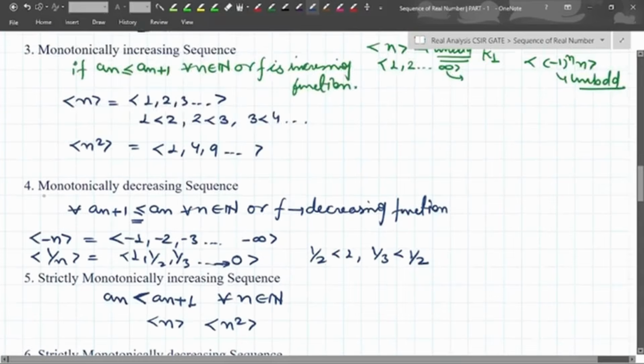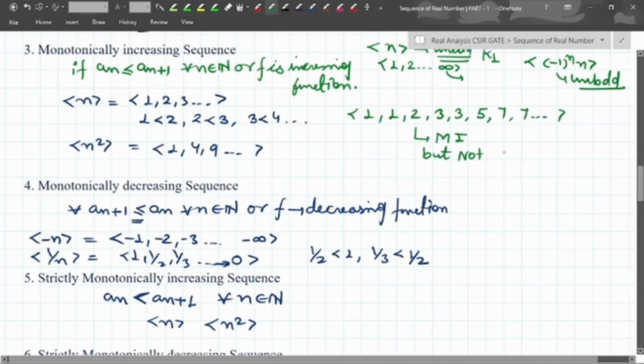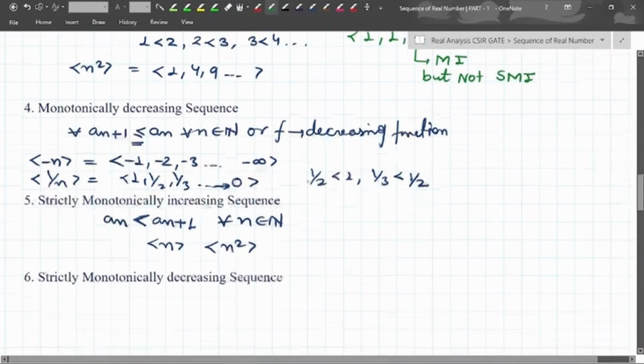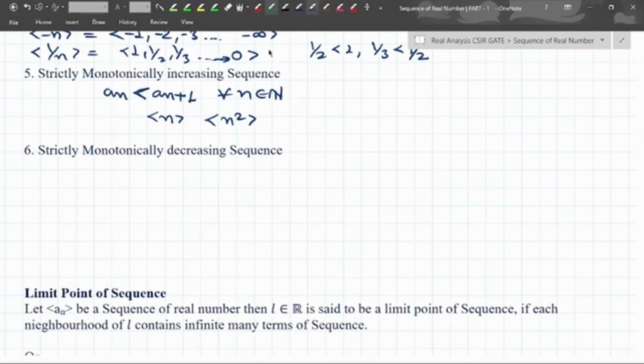Now for example, 1, 1, 2, 3, 3, 5, 7, 7. This is monotonically increasing, but not strictly monotonically increasing. So these are the examples and this is the difference.